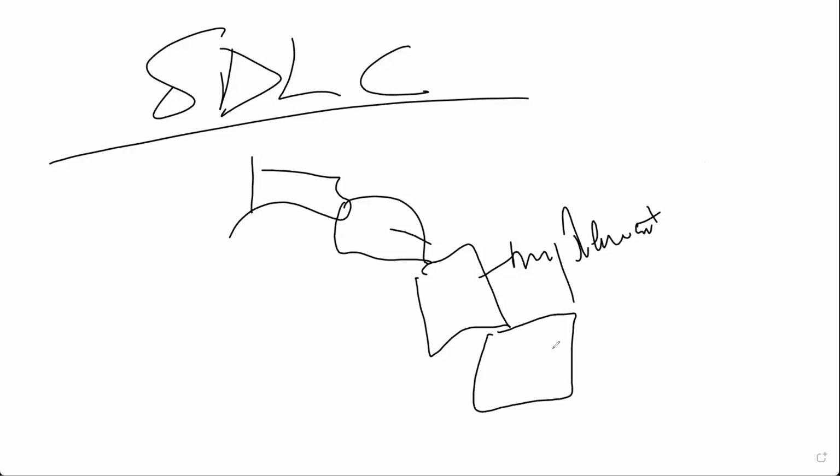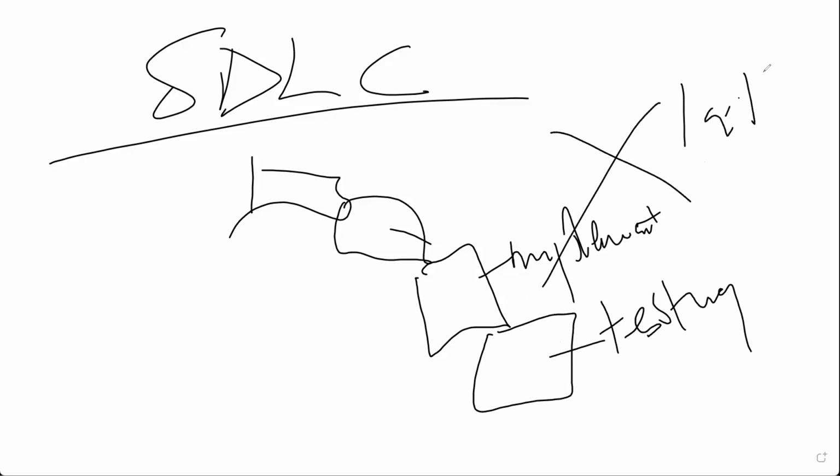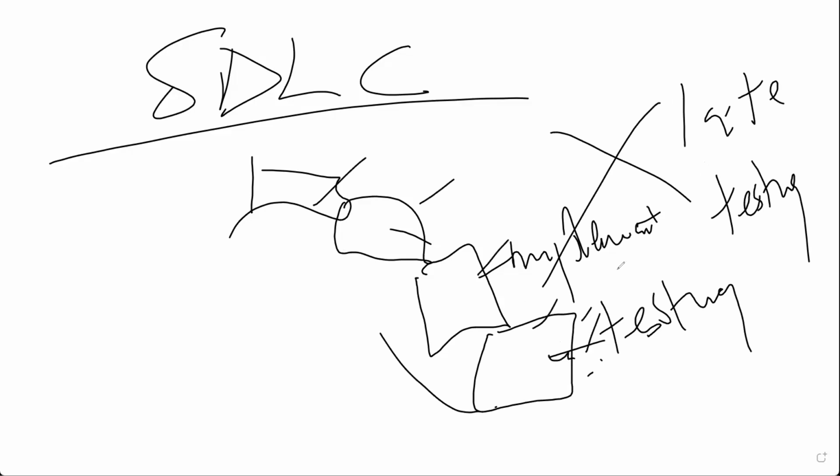Testing was the 4th phase, if you go to your notes again. So that was late testing, basically. If you find a bug here, after doing all this, it's happening at the fourth phase. So that is late testing.